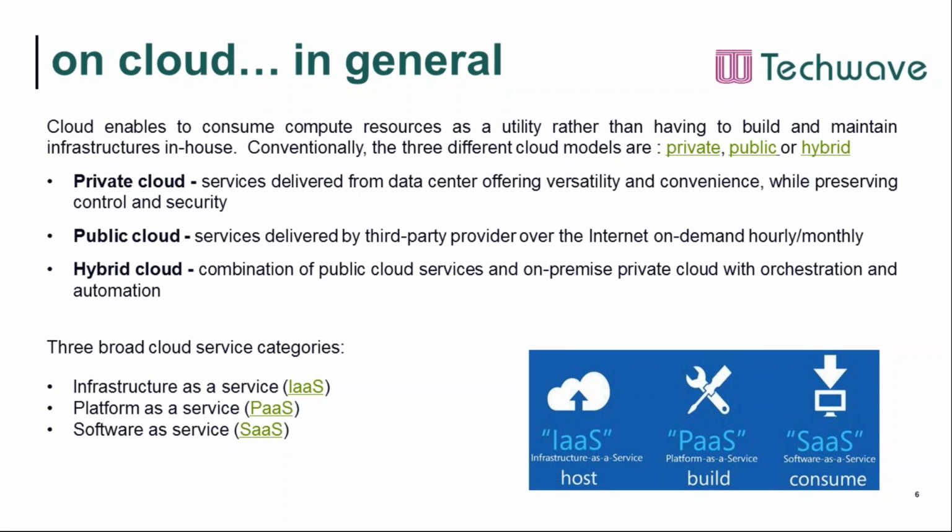And the cloud service categories are again divided into three, which everyone knows by now. It is infrastructure as a service, where infrastructure resources are provided on demand to users and organizations, so that they only have to bother about their application, their database, and their business.